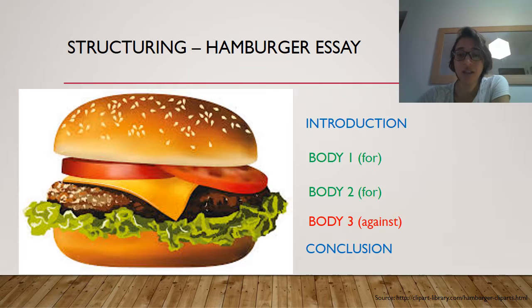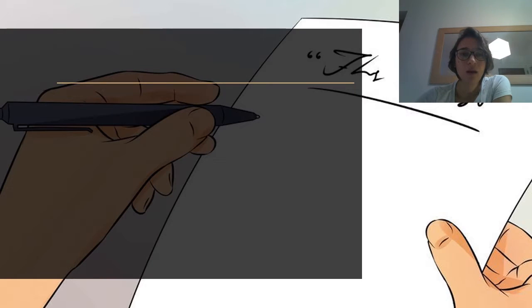And then the conclusion. Mind you, many people say that the conclusion has to do with the introduction. Yes, it does, but you are not going to rewrite the whole introduction just using other words, okay? We'll be talking a little bit about that further on.